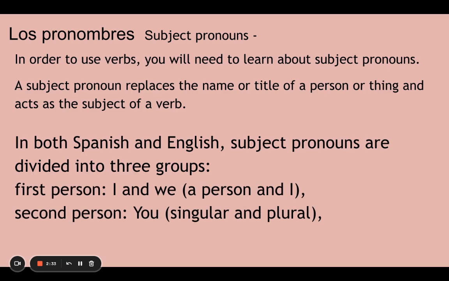Second person, you use the word you. Now, that can be a singular you or it could be a plural you. So I could be talking directly to a person, whether it's informal or formal. I could be talking to a student or I could be talking to the principal. So it could be formal or informal. But it's also when you talk to a group of people.